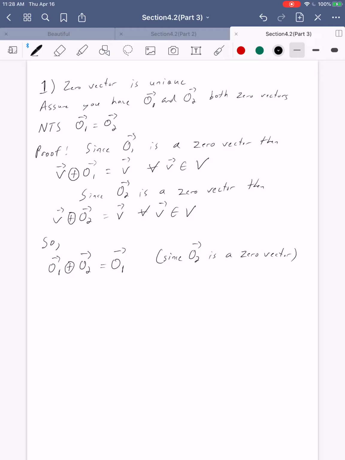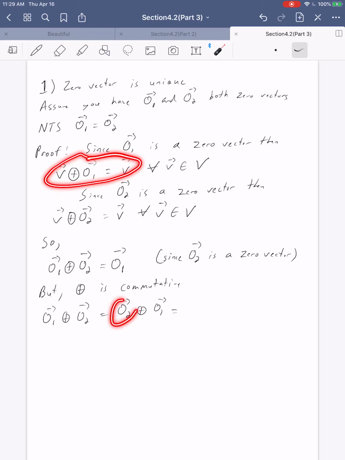Okay, that's nice to know. But plus is commutative, right? We know that. So 0_1 plus 0_2 is the same as 0_2 plus 0_1. And any vector plus 0_1, according to this here, must result in that original vector.